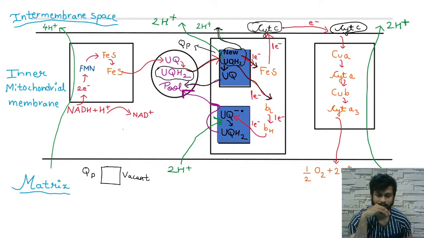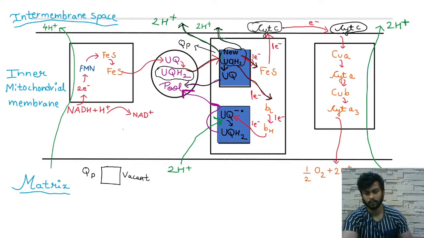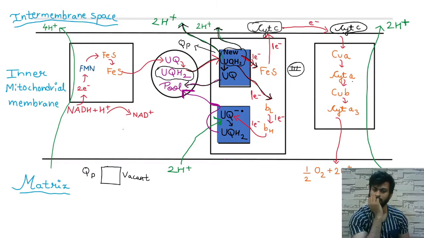Okay, so up till now 4 H plus, or 4 protons, are getting released from complex number 3.